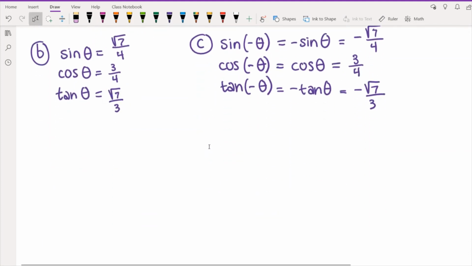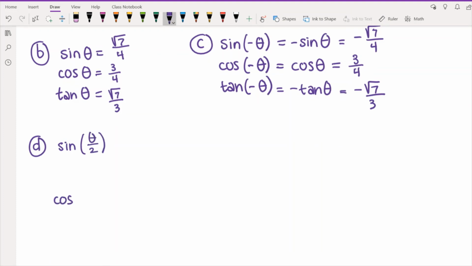All right, so the next question is asking you to find sine of, sorry, theta over 2, and cosine of theta over 2. So this is asking you to use the half angle formula. So the half angle formula for sine is plus or minus the square root of 1 minus cosine of theta.